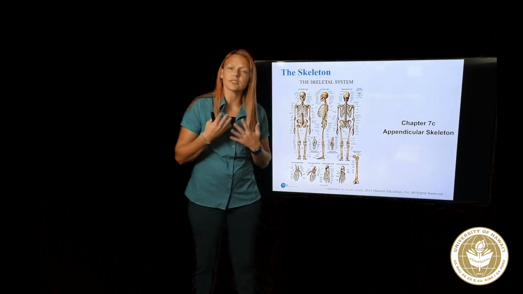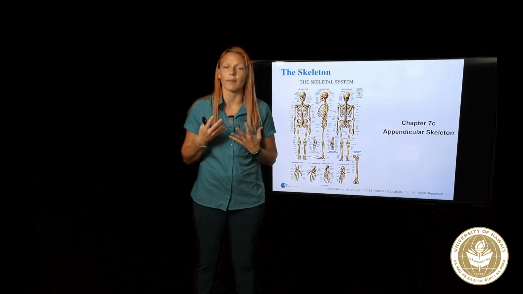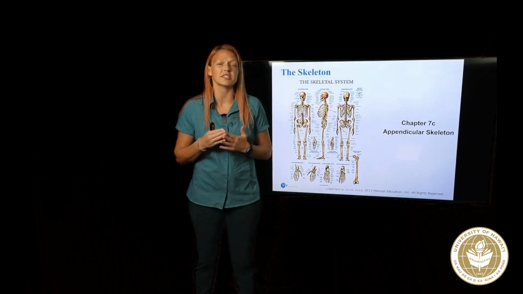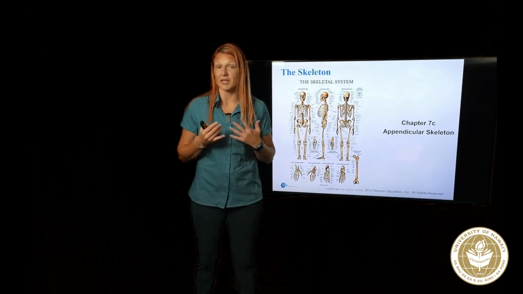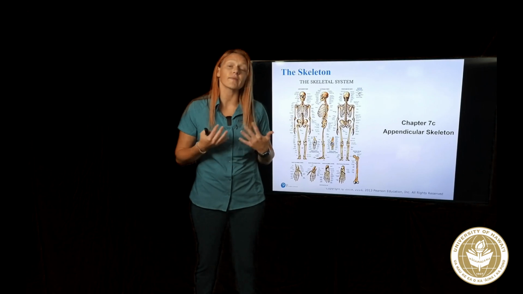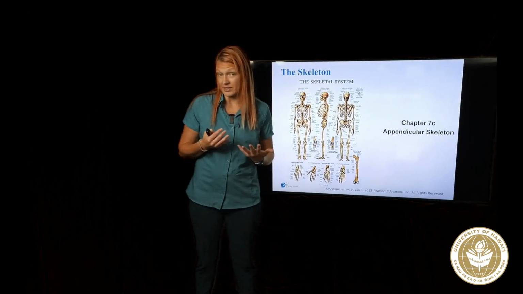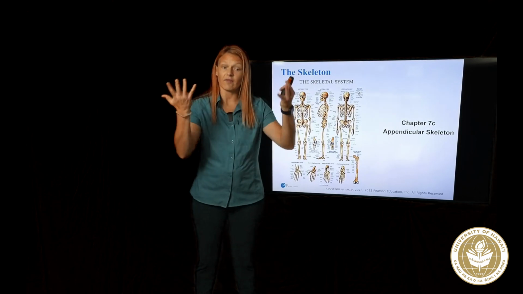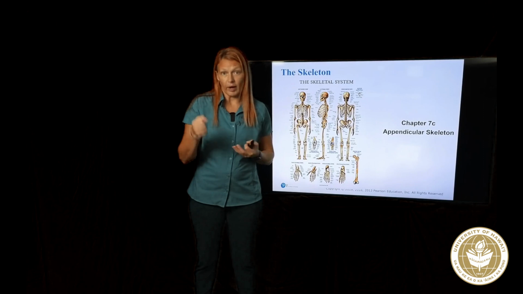And as I was preparing this lecture, somebody was talking about how a lot of times we tend to think of the axial skeleton as being the most important, just because it has things like our brain and our spinal cord housed inside of it. But the reality is, think of what you wouldn't be able to do without your appendicular skeleton. You wouldn't have arms, right? So you couldn't bring food to your mouth. You couldn't write anything.